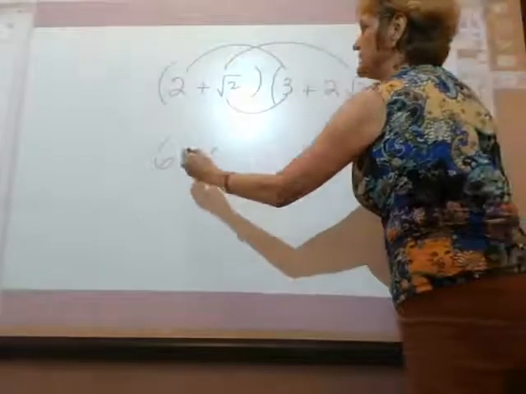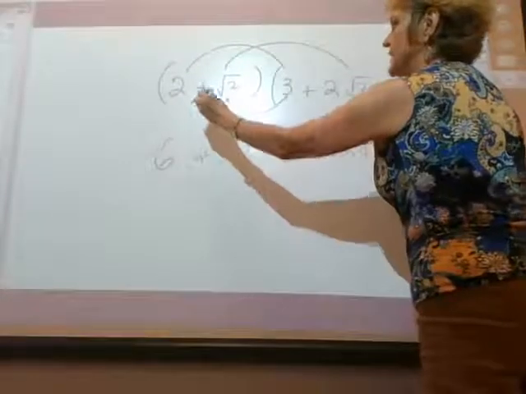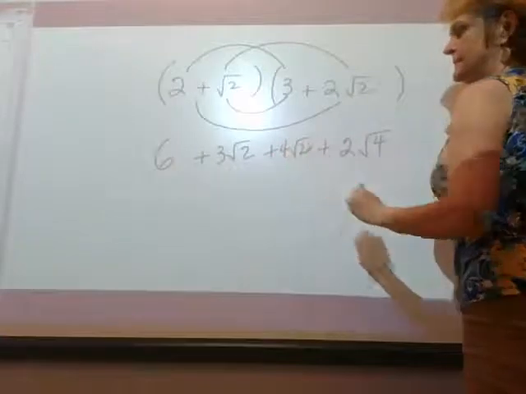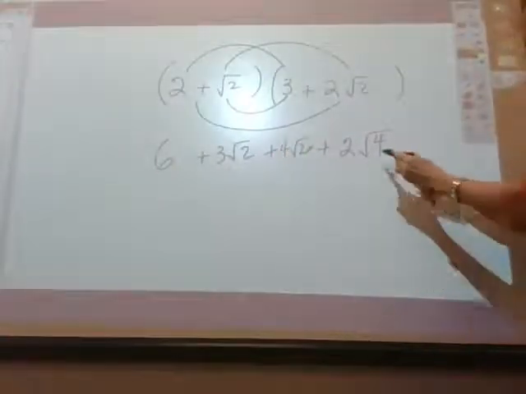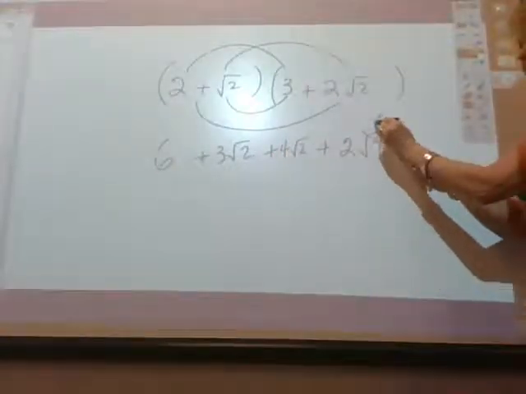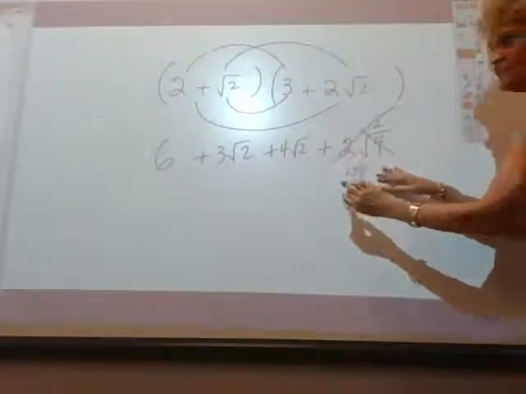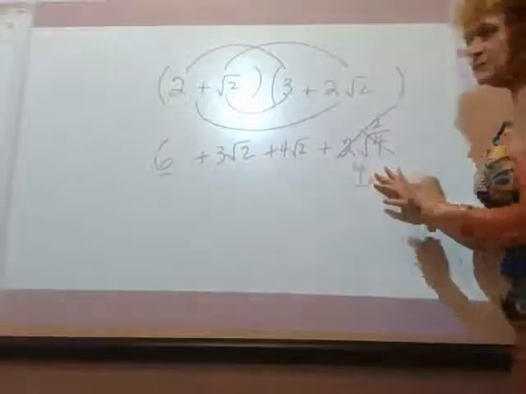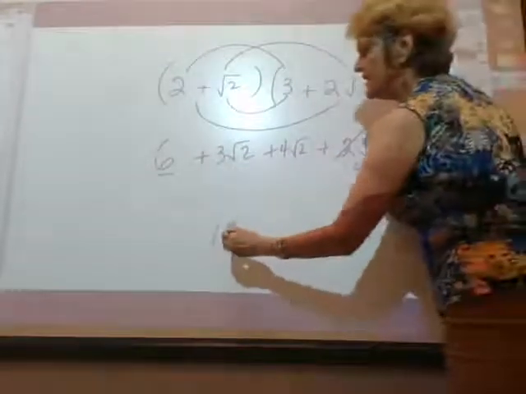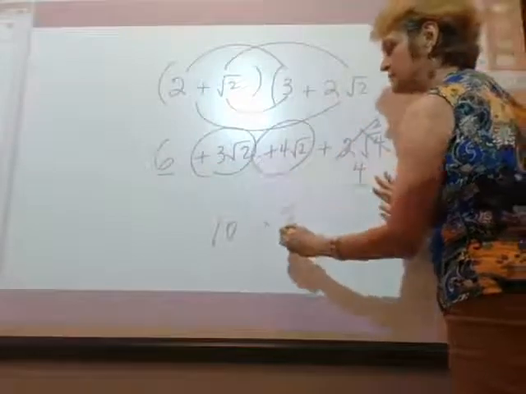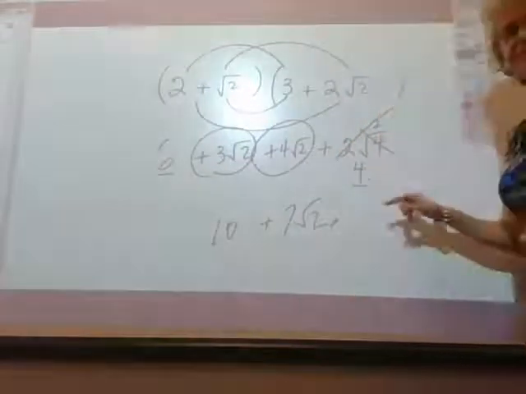Inside product and outside product. Okay, as you see here, square root of 4 is 2. 2 times 2 is 4. So combining like terms, 6 and 4 is 10. 3 radical 2 plus 4 radical 2. And there's our final answer.